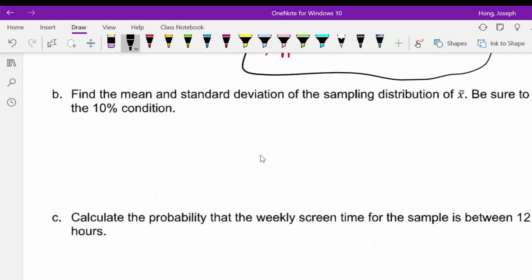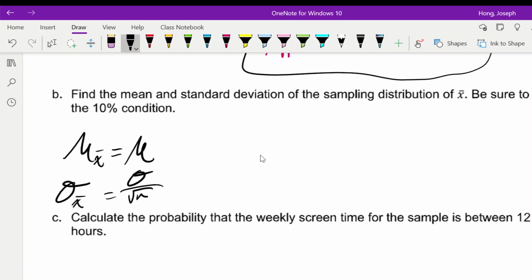I would say, if you have this in word form, this is pretty good. So find the mean and standard deviation of the sampling distribution. You're going to use the mu: the mean of the sample is pretty much the same as the mu, and the standard deviation of the sample is going to be the population standard deviation divided by the square root of n. So I'll let you do that.